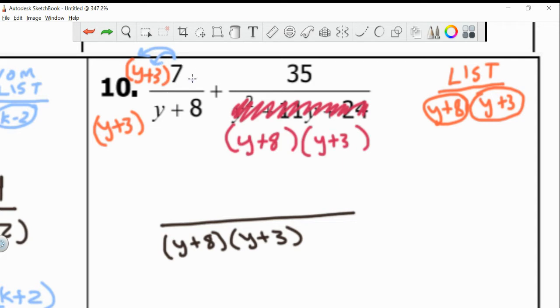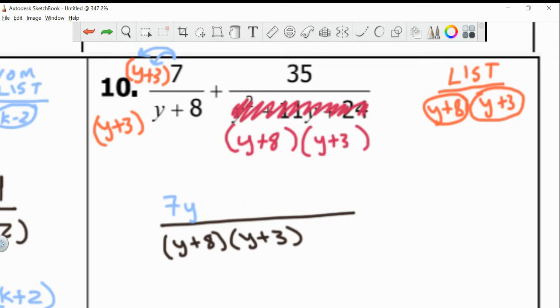Or do you want to maybe have another step here where you write it down carefully, where you put y plus 3 times 7 plus 35. Or you could go straight into this step, right? You could say 7 times y is 7y. You could do 7 times 3 is 21 plus 35, right? Don't forget this part, the plus 35. So you could do either one of those steps.